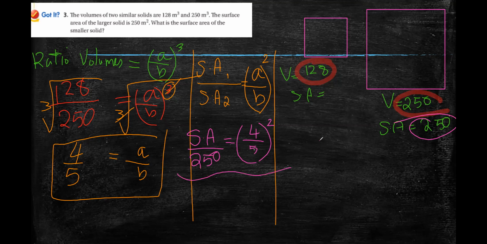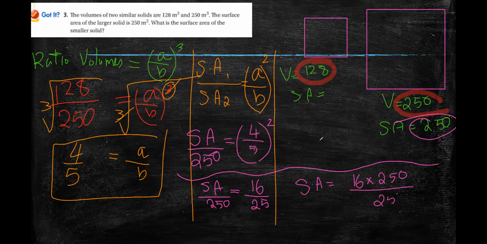So let's continue now: 16 over 25 equals the surface area of the first one over 250. So the surface area will be 16 times 250 over 25.